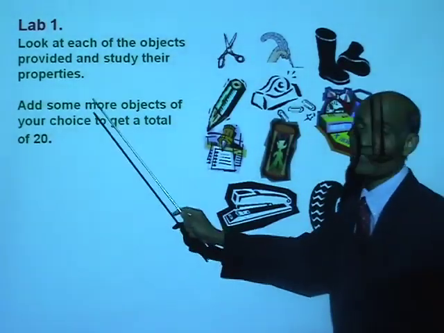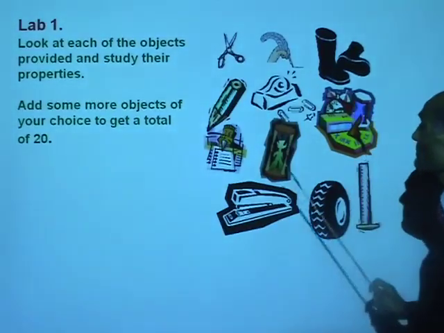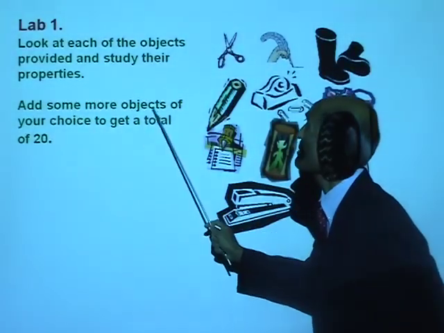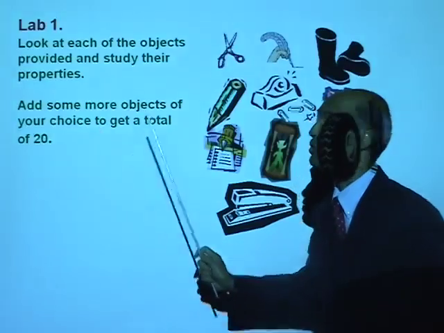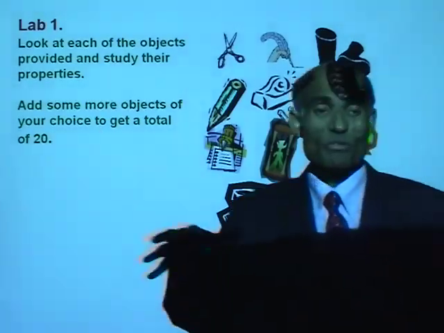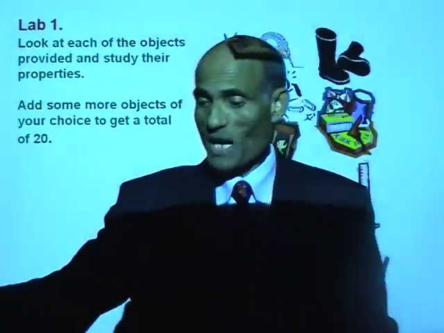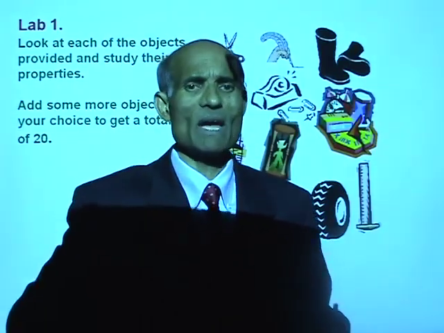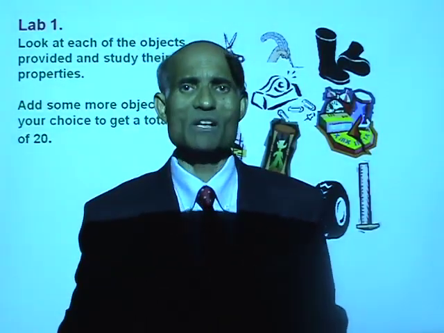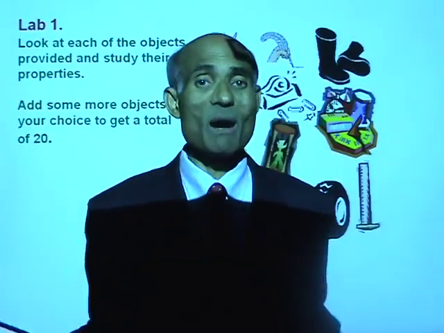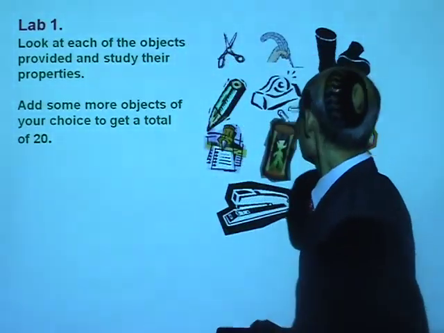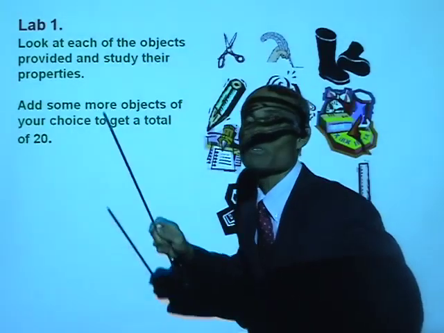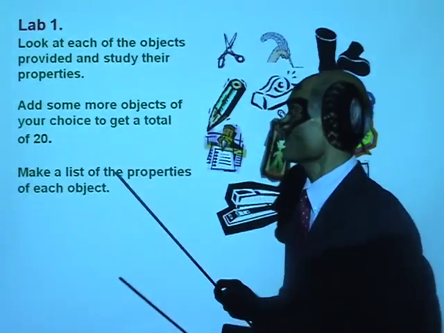Now, what I would like you to do is look at each of them and then add some more objects of your choice. If you move around, look around, you see I have collected a number of objects here. I just picked it from here and there. If you go around your house, you can pick many objects. So pick some more objects so that you have a total of 20.